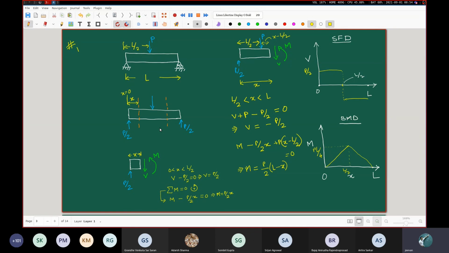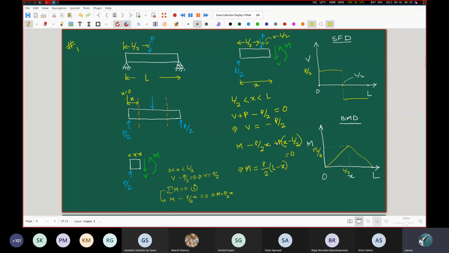The situation was so simple that you barely realized you had to do this work. There was a force F symmetrically placed at the midpoint of the span, and that led to an equal division of the reaction forces, P by 2 and P by 2. Even without writing any equation, we were able to do this.